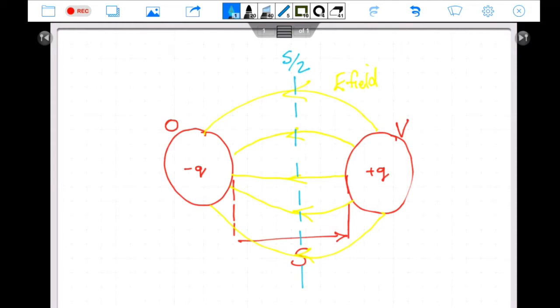Right, for this, I'm going to come back to the poll and just see what you think about what's happening in this electric field.